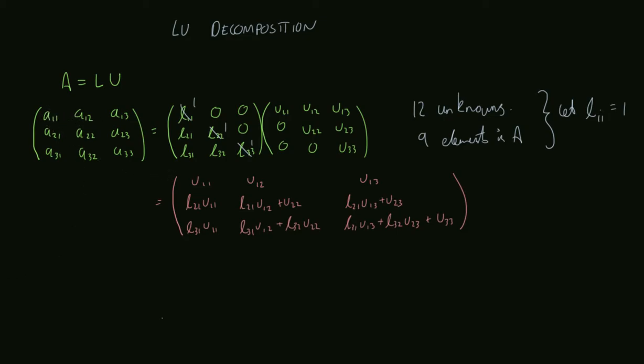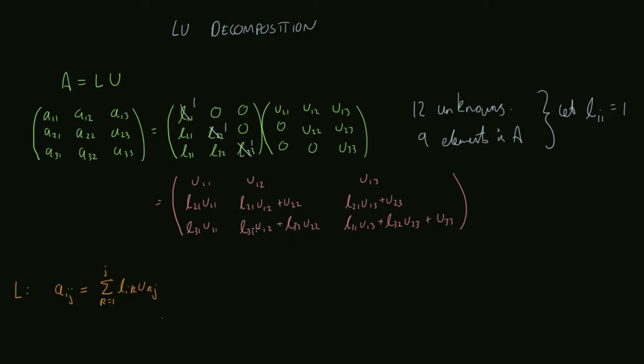If we take the lower triangular elements, the elements of L, for a given element in A, Aij, what we have is the sum of k equals 1 to j of Lik times Ukj.